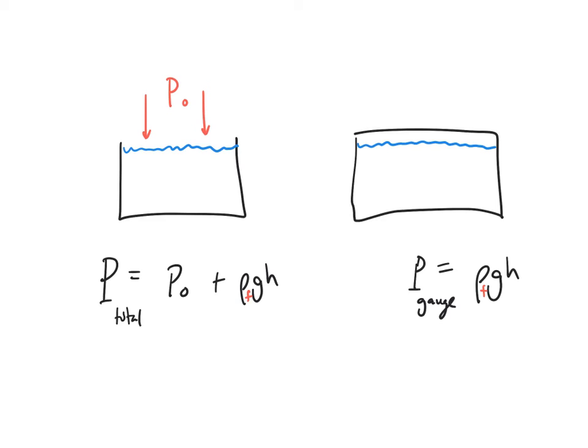Also, in one of the questions it said that the atmospheric pressure was like 101.3. So should we use 1 times 10 to the 5th, or should we use that? So 101.3 kilopascals is where you're thinking of. 101.3 kPa is the same as 1 times 10 to the 5th Pa.